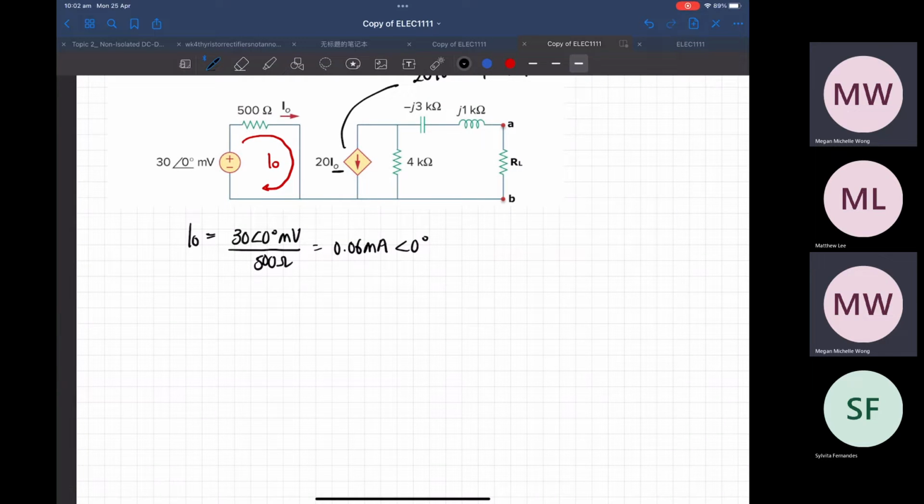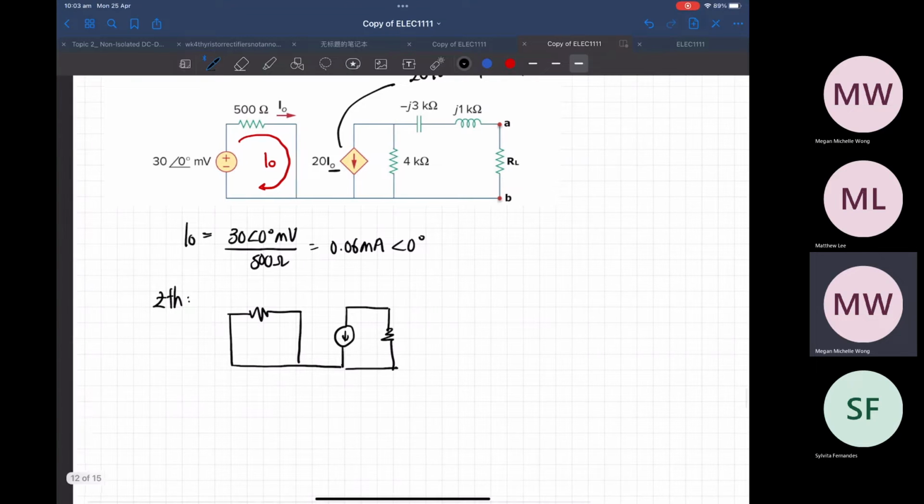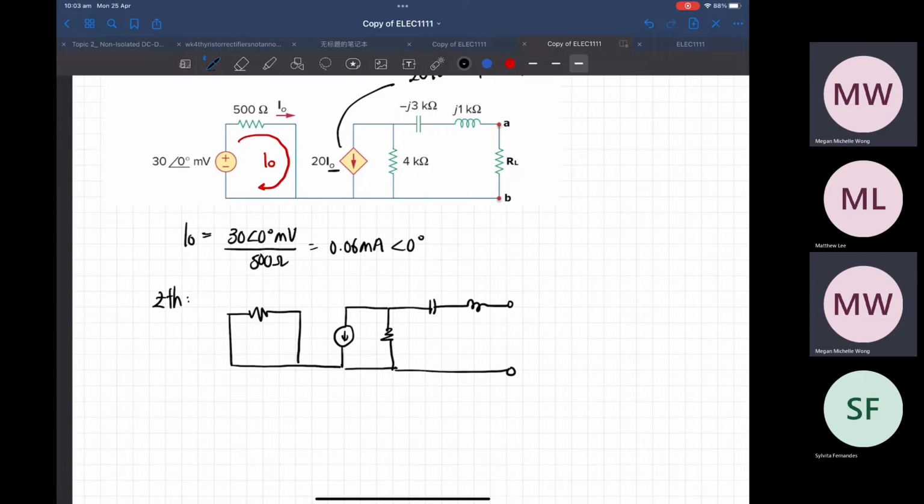So if I'm calculating for my R Thevenin or Z Thevenin, let's say I short circuit my left hand side. So if I short circuit this side, the left hand side, it's actually gone.